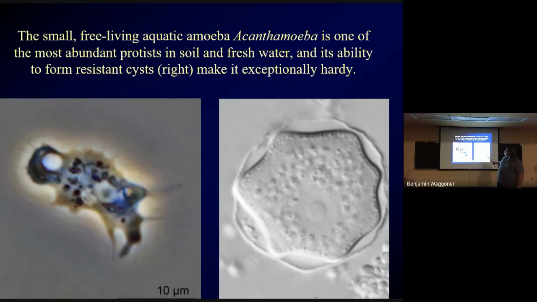So on the right, that is an acanthamoeba cyst that can resist drying out, can go without food. I'm not sure what the record for survival is, but it's at least several months that they can survive in the cyst state.